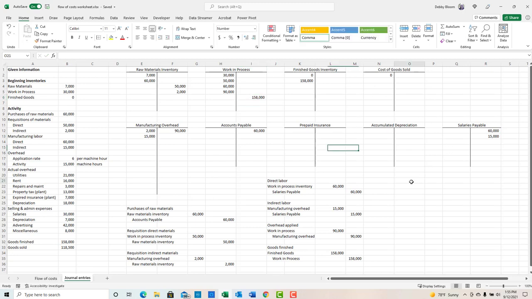And finally, we have to journalize our goods that are sold. Notice we have $118,500 cost of goods sold. So for the goods sold, we're going to debit cost of goods sold for $118,500, and we're going to credit our finished goods inventory because we sell them out of the storeroom.